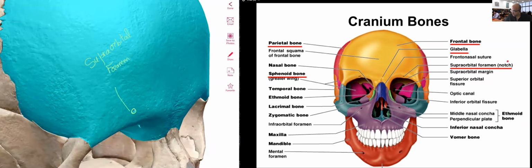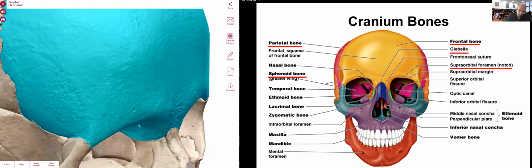So why between brackets do we put a notch? Because in some people, it's not a complete hole like what you see here. It's going to be connected to the orbit.